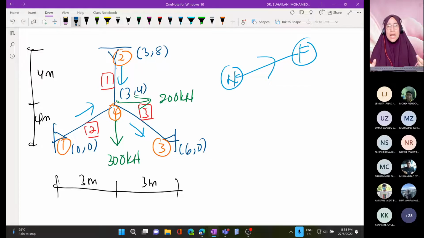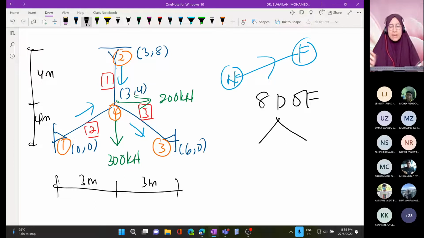Okay, and last but not least, the most important is degree of freedom. In total there are 4 nodes, so total is 8 degrees of freedom. Unconstrained and constrained.